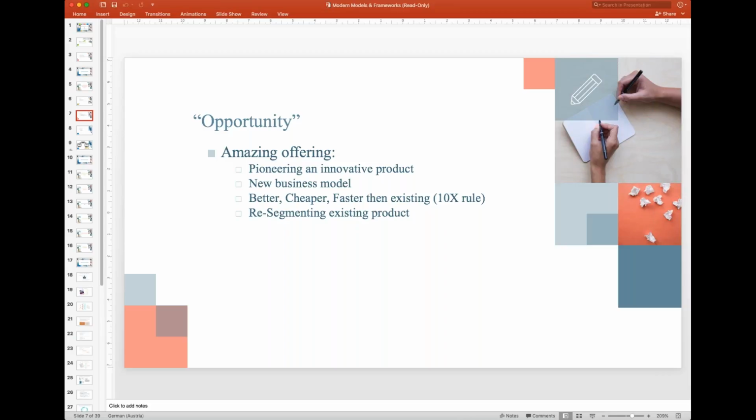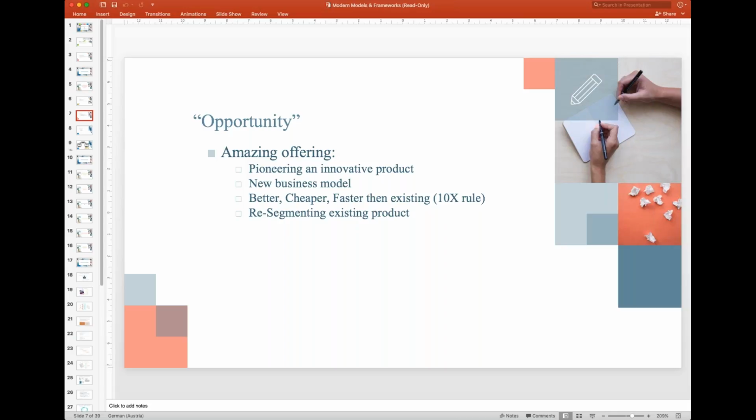We consider better, cheaper, faster than the existing offering as an innovation, and always the next question is how much better, cheaper, or faster. We use the 10x rule, which basically says that if it's 10 times more than the existing offering, it is considered by today's standards an innovation, and that's quite common in Western cultures.